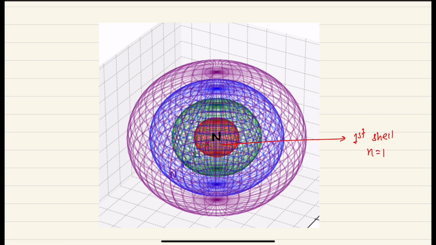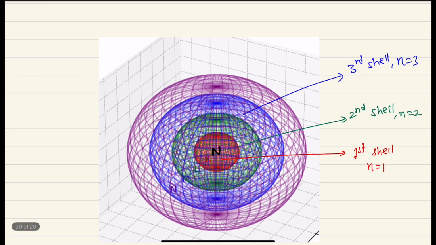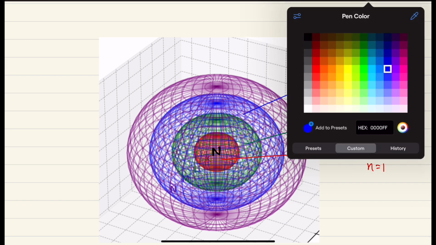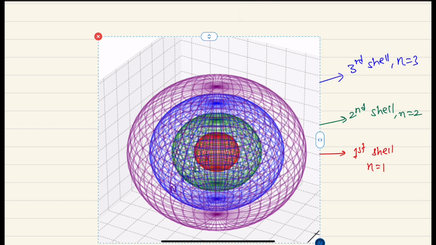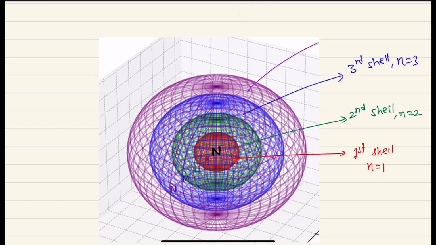The second cell, green, is n equal to 2. The third cell, blue, is n equal to 3. And the purple one is the fourth cell, n equal to 4. I hope you are trying to visualize this in 3D.